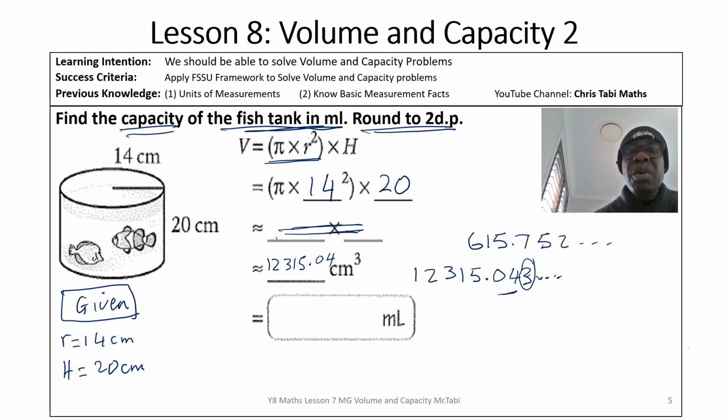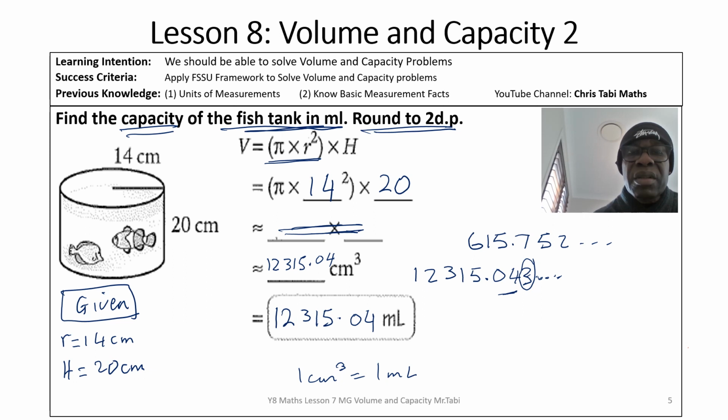Now, because 1 cm cube is equal to 1 milliliter, the final answer is simply 12,315.04.